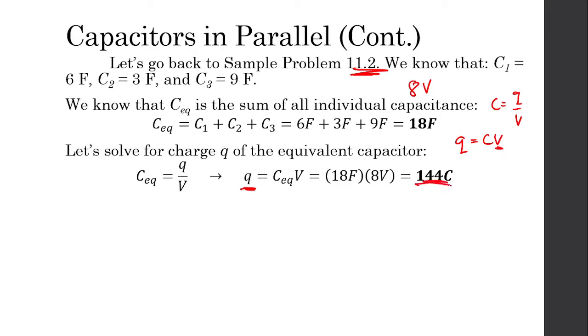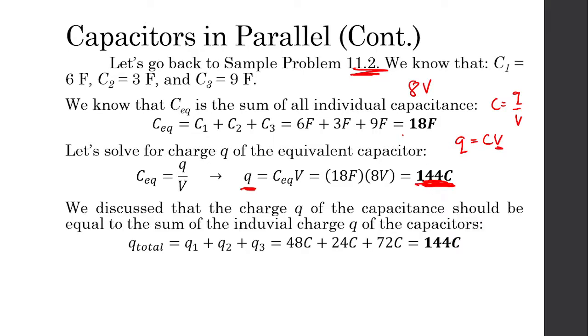And interestingly, if you look at this 144 C, this is actually just the sum of all the individual charges that we measured in our sample problem 11.2. So our Q1 is 48 coulombs, our Q2 is 24 coulombs, and our Q3 is 72 coulombs. Do not get confused now, these are the Q that we measured in our problem 11.2.